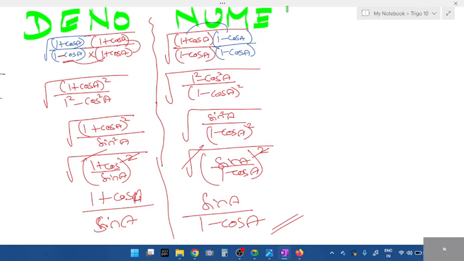You can use any one. In exam, both are correct. You can use denominator or numerator. In the question, I used denominator first. I got wrong answer. So I use numerator. So you don't have to waste time.